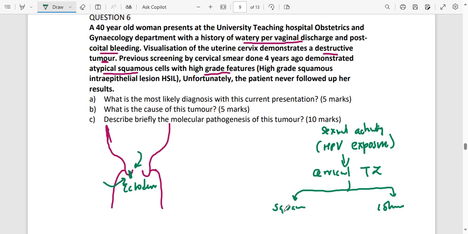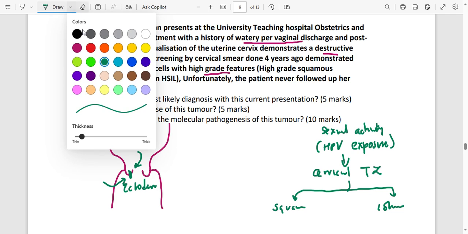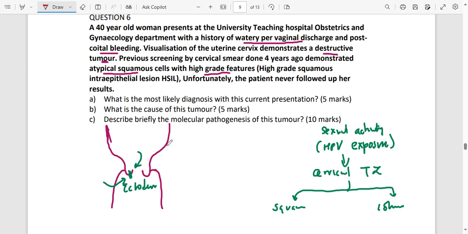Squamous is part of the ectocervix. So you have got two possible cancers that you can have. The one affecting the squamous epithelium is going to lead to what is known as, before you can have cancer, the pre-malignant condition, and that is known as squamous intraepithelial neoplasm or lesion.